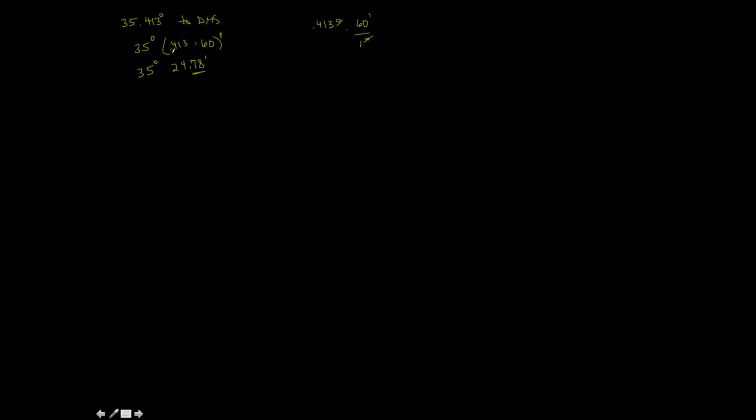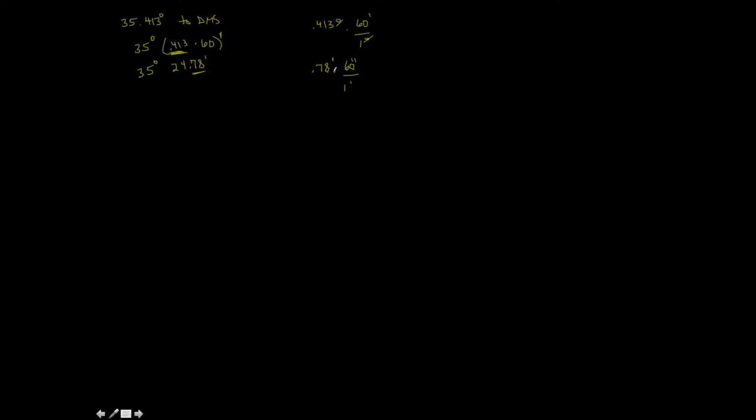Now, we want to take our decimal part of our minutes and change that to seconds. We took the decimal part of the degrees and changed that to the minutes. We're going to take the decimal part of our minutes and change that to the seconds. So 0.78 minutes, and we're going to multiply that times 60 seconds over 1 minute.